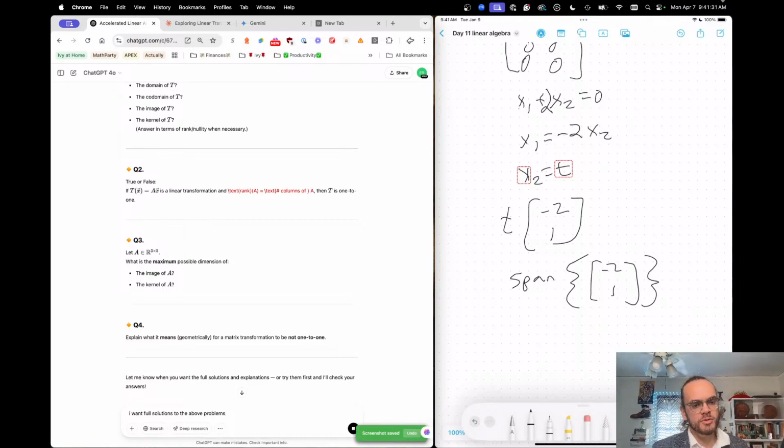For a matrix transformation to not be one-to-one means that geometrically there is some transformation that can make it go to the 0 vector. I'm not sure if that's fully right.